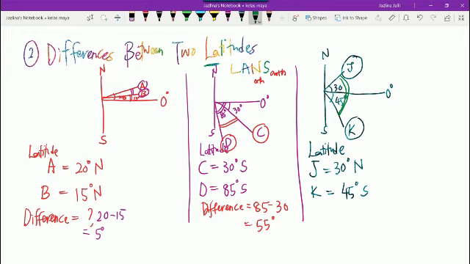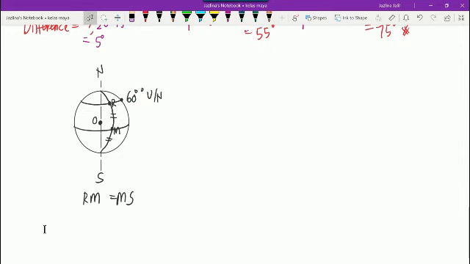So how are you going to do it? Yes, you're going to plus it. Okay, difference will be equals to 30 plus 45. Then the answer will be 75 degree. Very easy. Okay, this is one example of questions that you can see. Wow, looks difficult, but actually it's not really difficult.